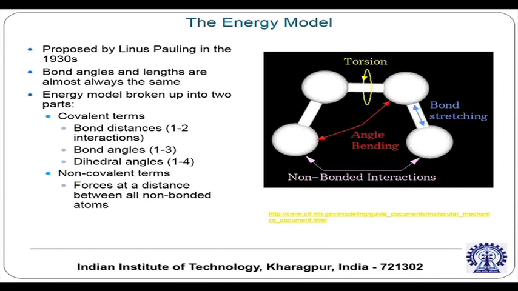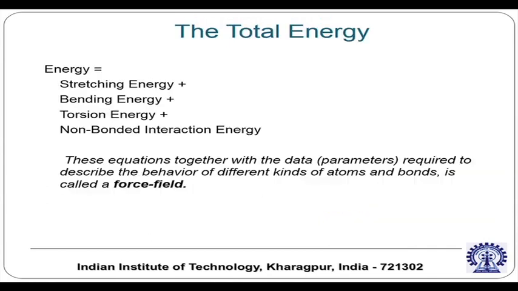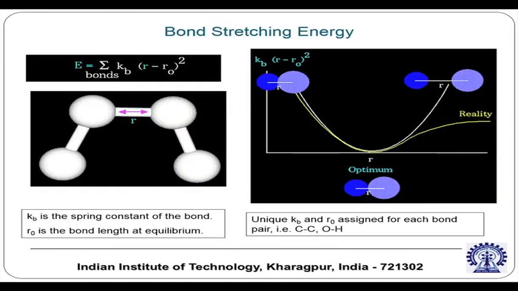Torsion of the bond means basically twisting with respect to its axis, and bending of the bonds means it is bending in the plane in which the bonds are present. So you can have the total energy as stretching energy, bending energy, torsion energy, and non-bonded forms of energy.